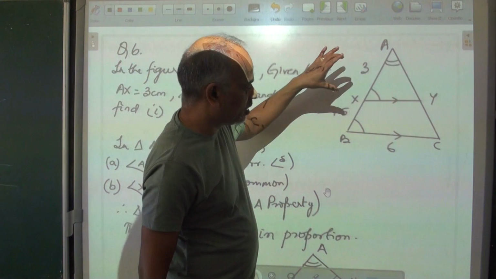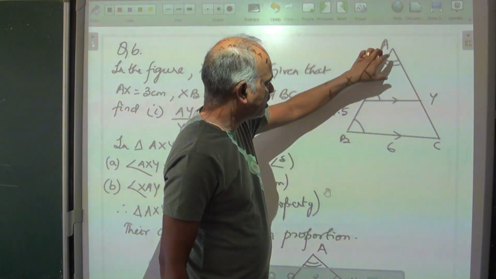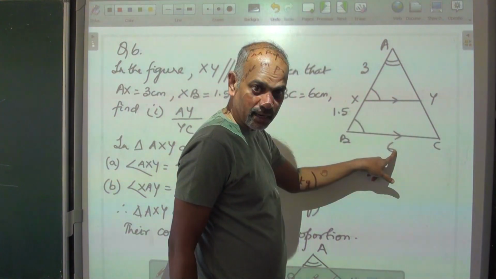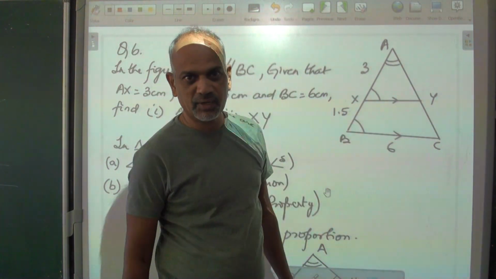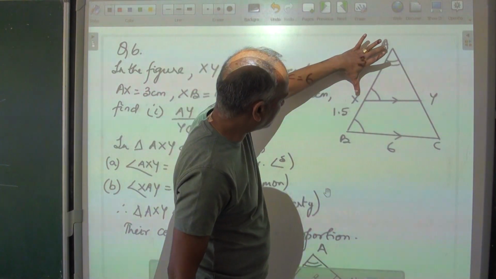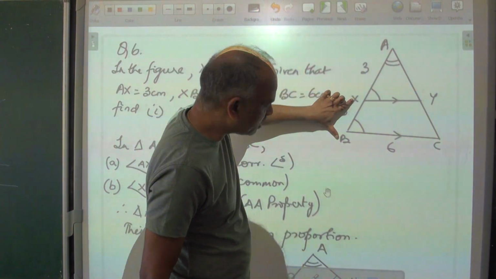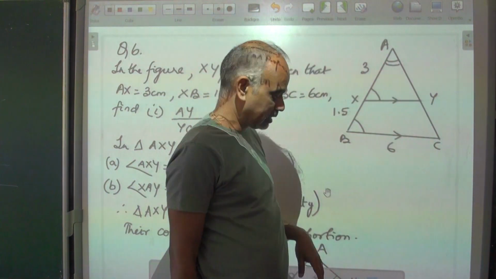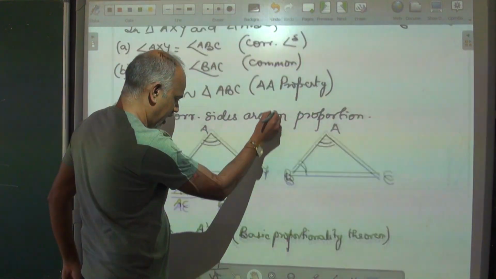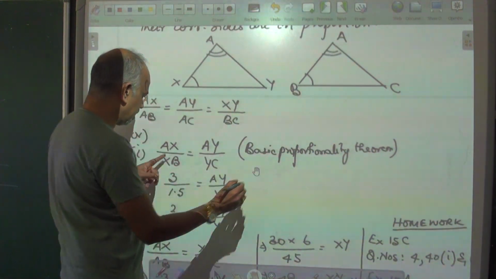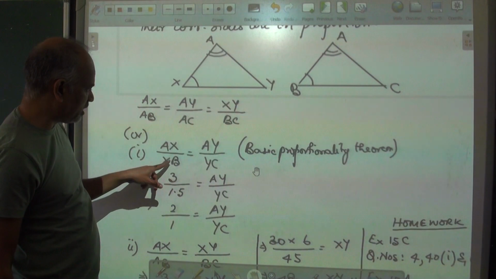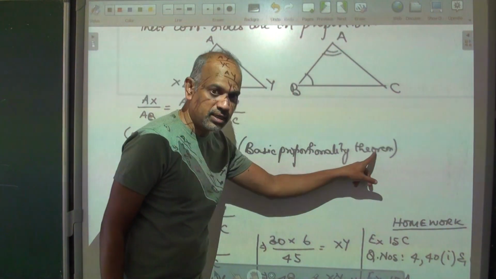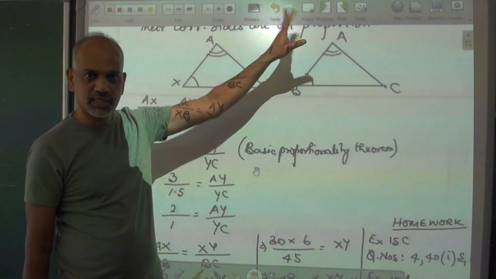It applies only for such figures where there is a smaller triangle inside a bigger one and one of their sides are parallel. So I have written the second proportionality, AX by XB is equal to AY by YC.